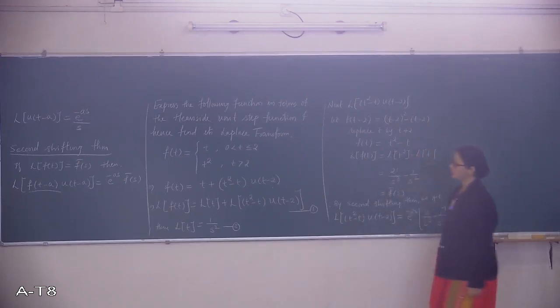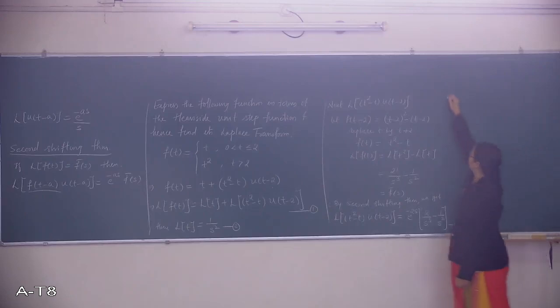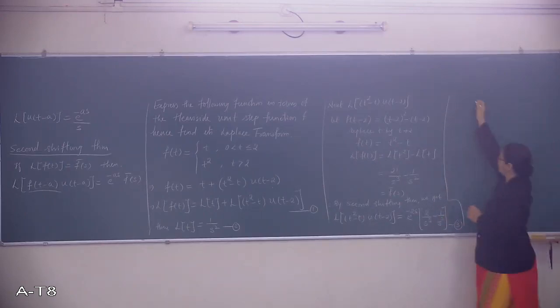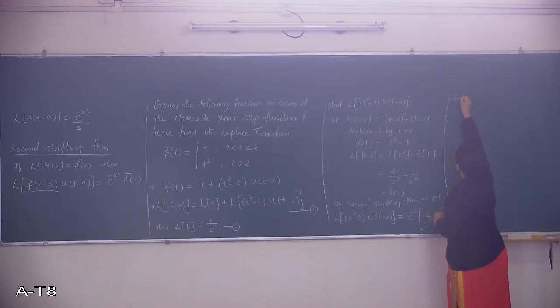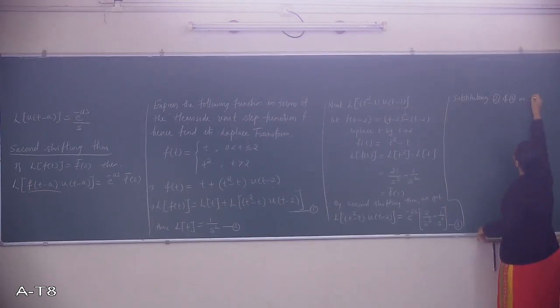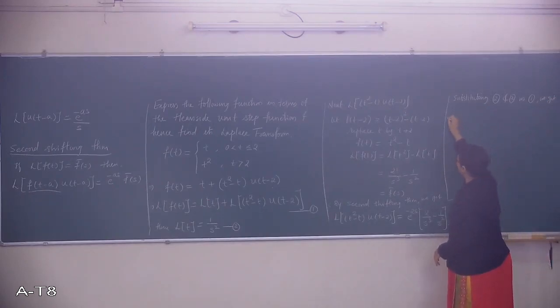Now substitute result 2 and 3 in 1. So here we get the required Laplace transform of the given function. So substituting 2 and 3 in 1, we get Laplace transform of the given function f of t.